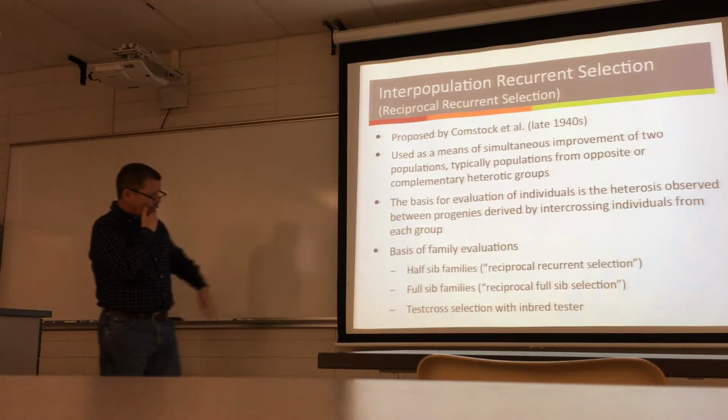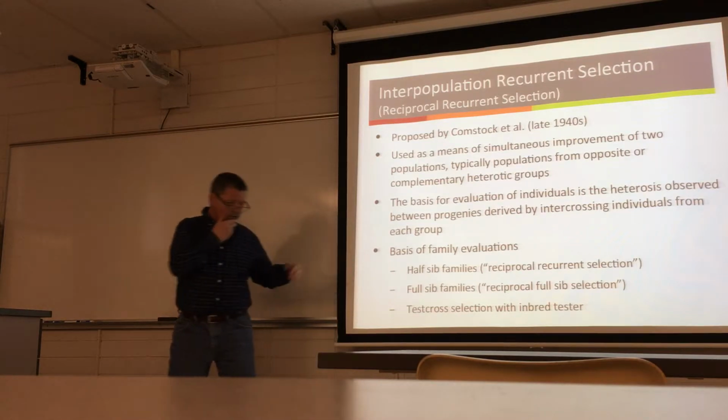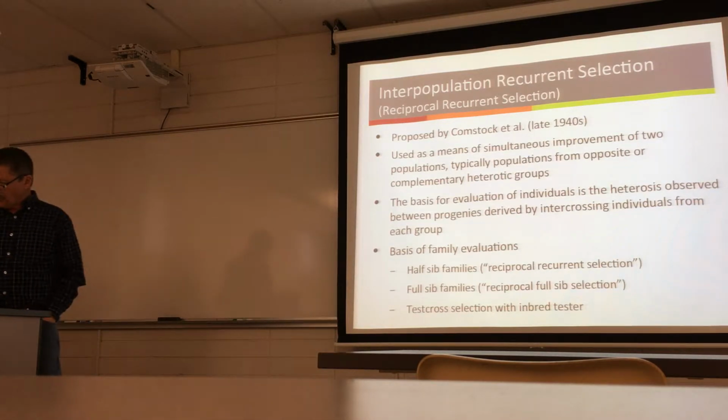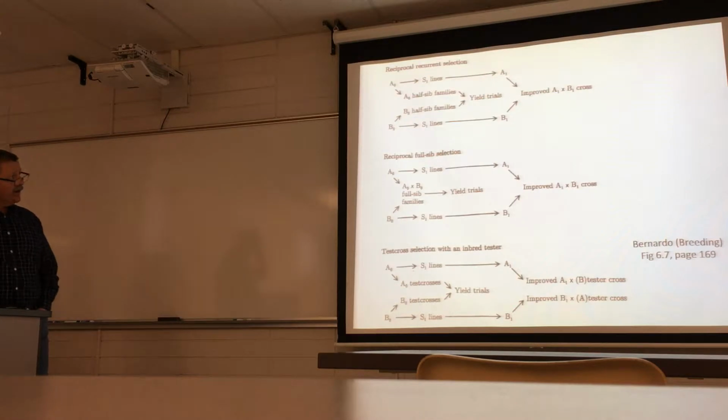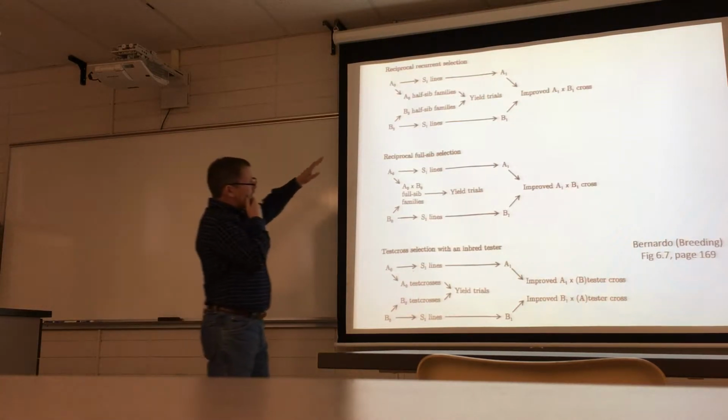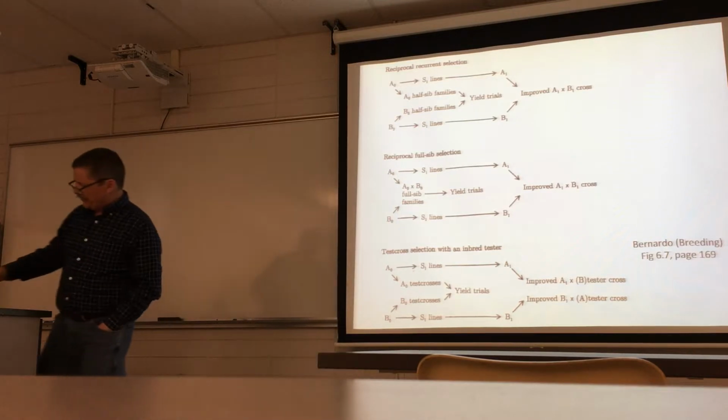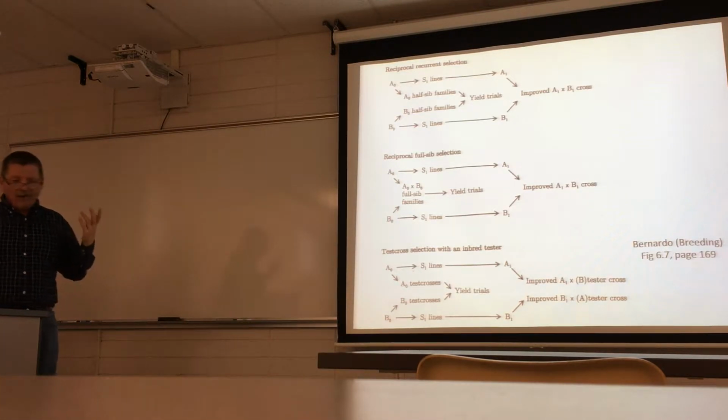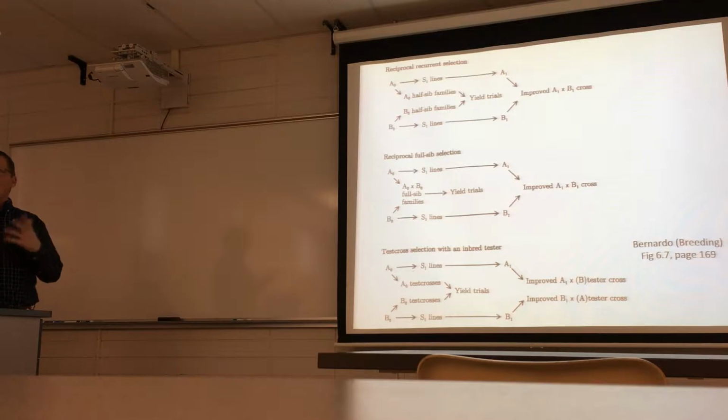So there's three different ways that this is done, and Bernardo shows this diagram right here, and I'll just go through it really quick. What he calls reciprocal recurrent selection, which I don't know why he does this, but for me that's always been just kind of a general name for the method, but then there's different ways that you do it.